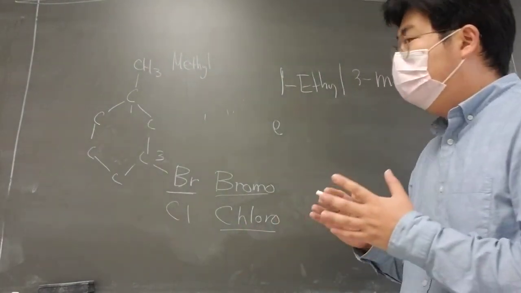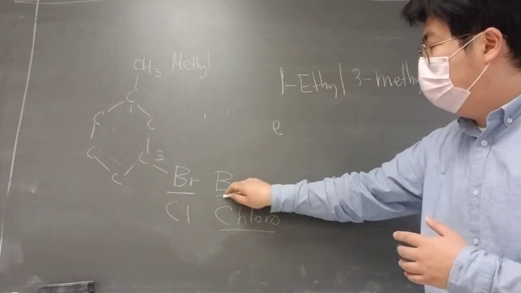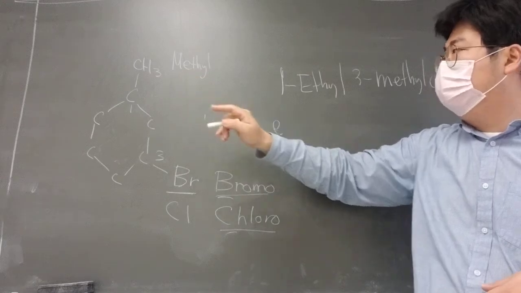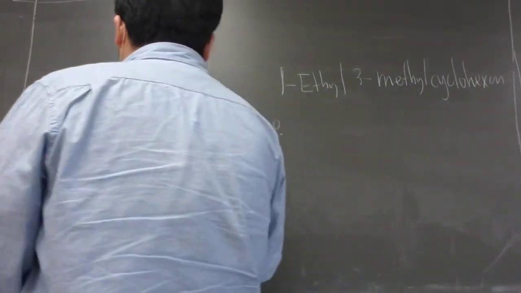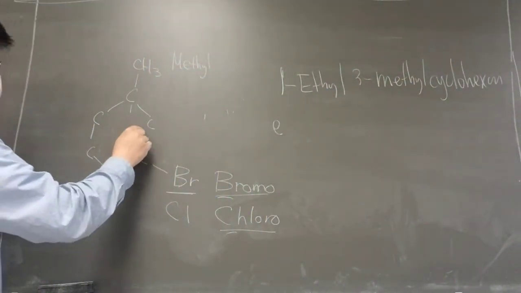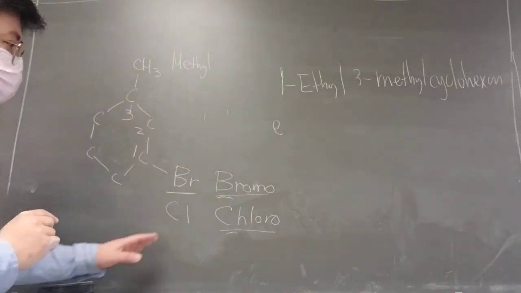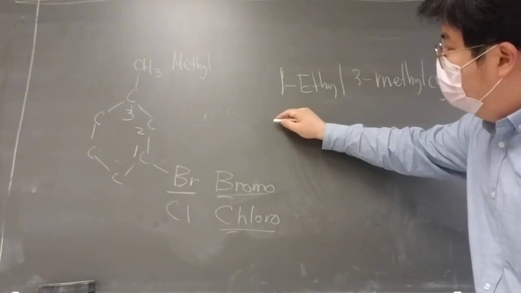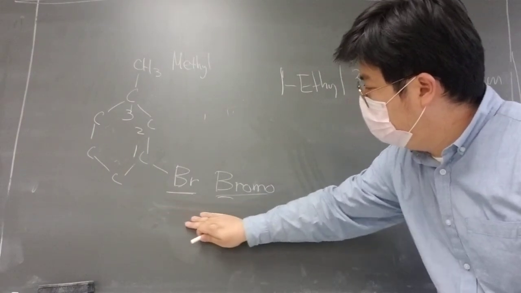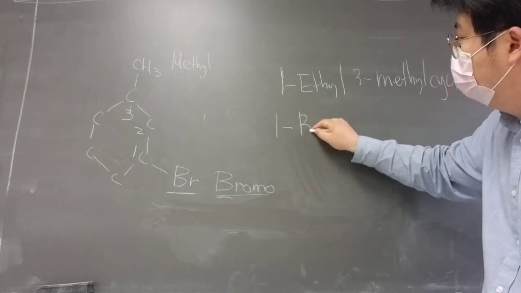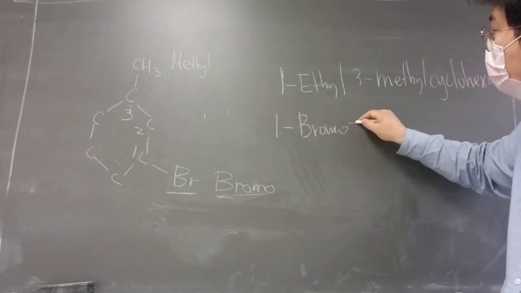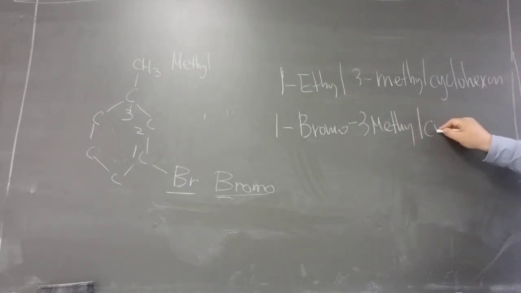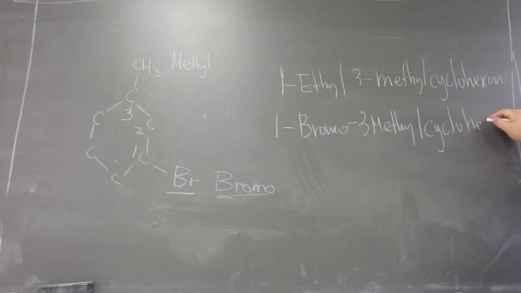Still, we're going to do the same thing. The B or C comes first in alphabetical order, before M. So the only thing you have to do is count the carbon from here, because bromo is alphabetically prior to methyl. So if that is the case, we're going to say 1-bromo-3-methylcyclohexane.